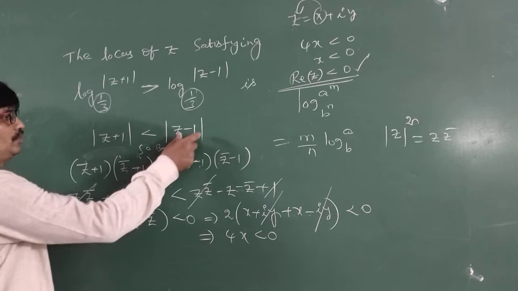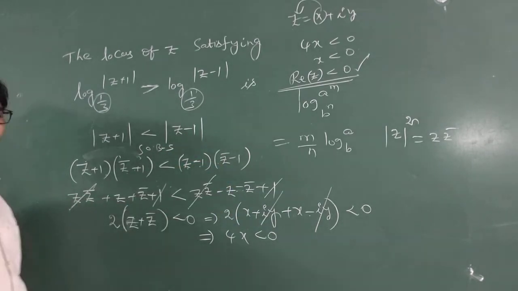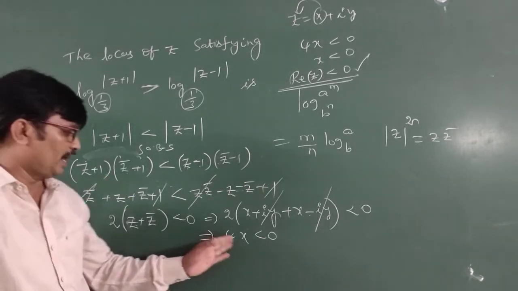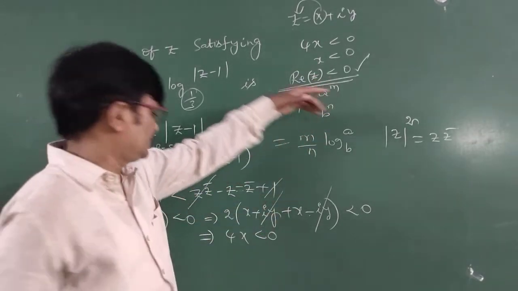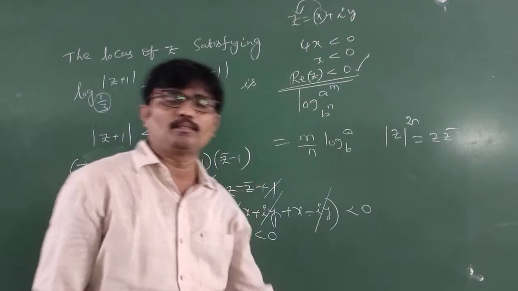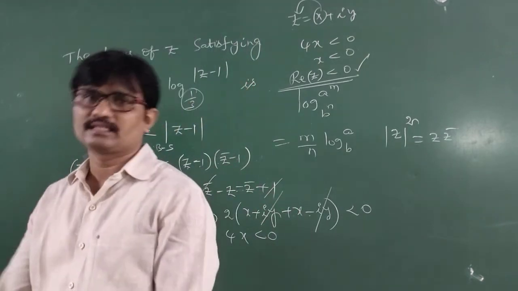Similarly, this is also (z minus 1) into (z bar minus 1). After the multiplication, we get 4x less than 0. x less than 0 means the real part of z is less than 0.